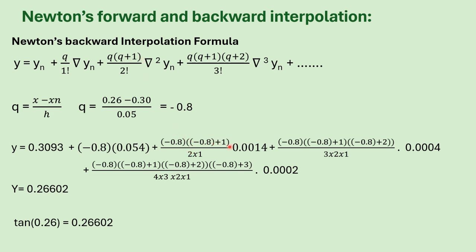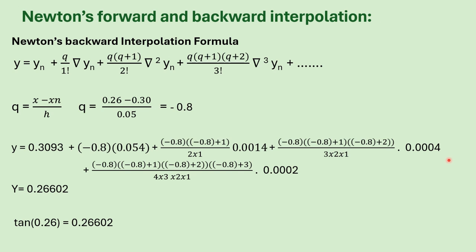So this is 0.8 plus 1 by factorial 2, which is 2 into 1, and this value is 0.10014. Plus now here the q value is this, then q plus 1 is this, q plus 2 is this, divided by factorial 3, which is 3 into 2 into 1, into the nabla cube yn value, which is this.